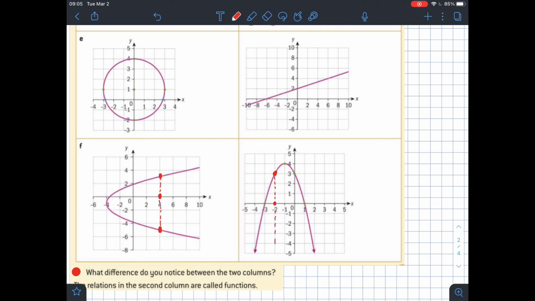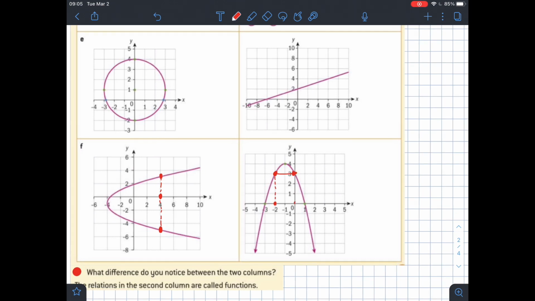There's not another value of y right here. But if we take a look at y, we see that the value of y here is 3, right? The value of y is repeated, right? We have that for x equals 0, there's another value of y which is equal to 3, okay? So this is something that is valid when we talk about functions, okay?